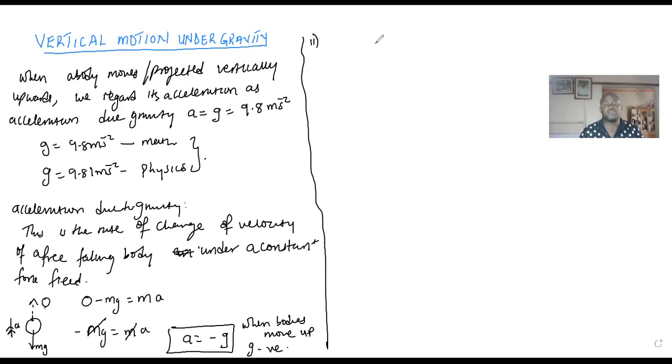Then for case 2, when it is moving downwards, it is the weight that overcomes the force to give us the resultant force. And with this, mg is equal to ma. When you divide by m, the acceleration is equal to g meters per second squared, positive.